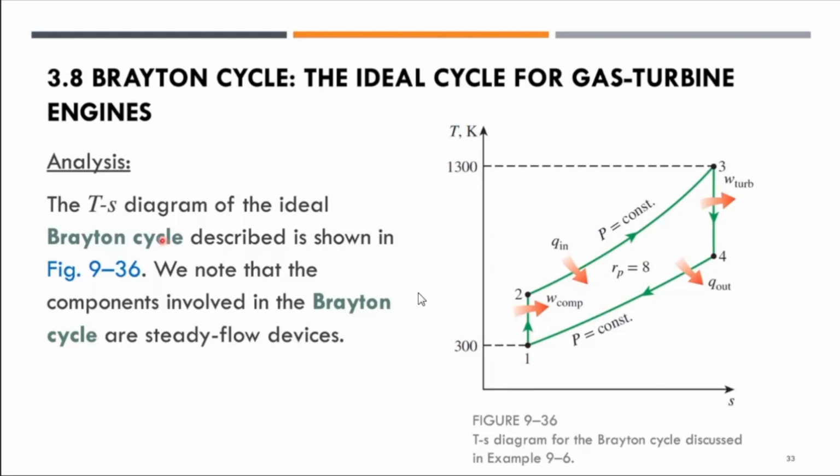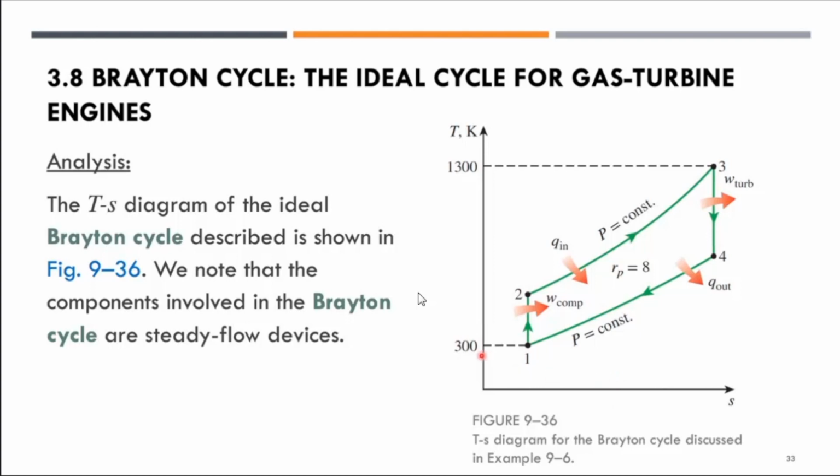How does it look in terms of the T-S diagram? This figure, 9-36, shows the Brayton cycle for this particular case, example 9-6.